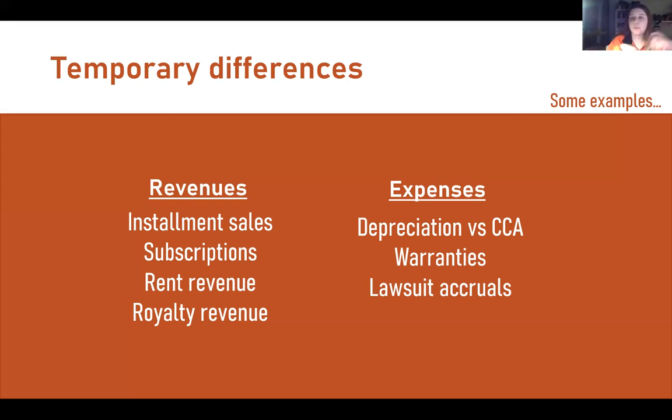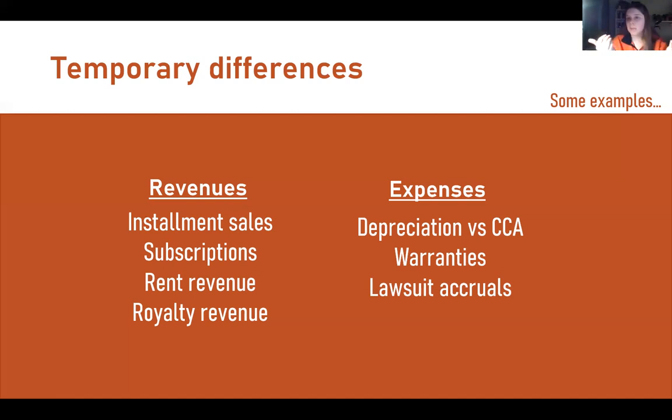For warranties, if you remember midterm stuff, maybe you all forgot it, but when you have a warranty expense, it's because you're approximating how much that warranty is going to cost you in future years, and you expense it in your income statement for that year.